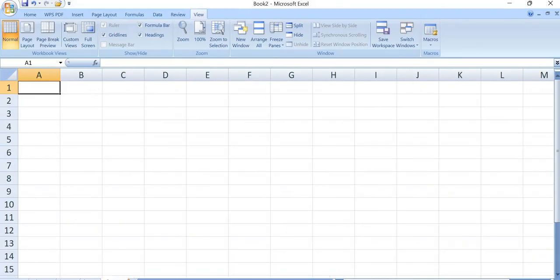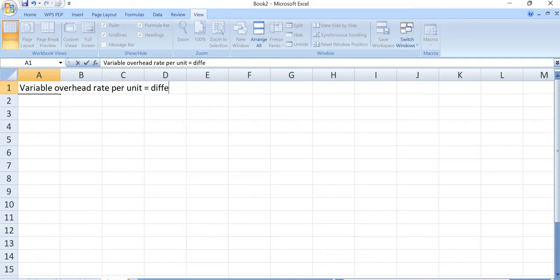For calculating variable overhead, rate per unit is equal to difference in overheads divided by difference in units.